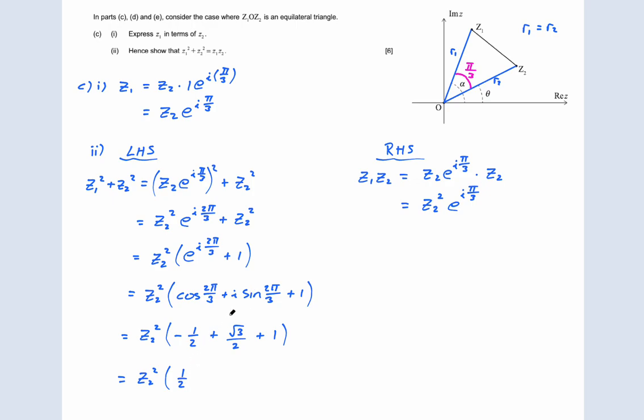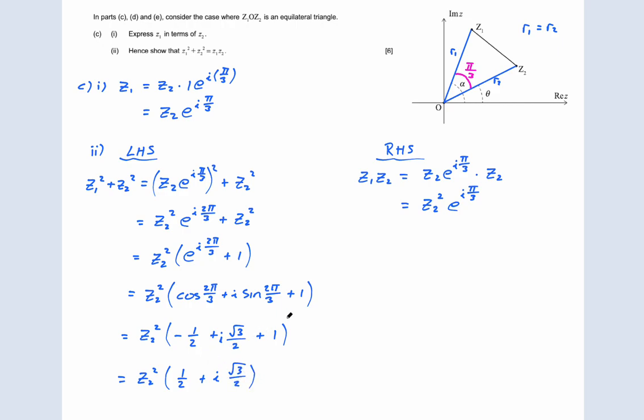Sorry guys, I forgot the I here. This is important. So minus a half plus I times this plus 1, which is minus a half plus 1, gives me the positive a half plus I times root 3 over 2, all times Z2 squared.